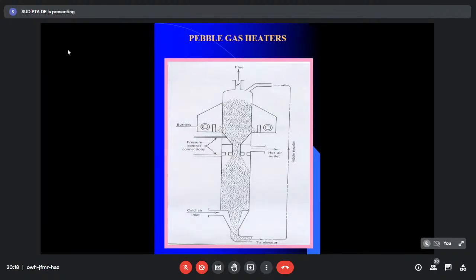Depending on the particle density of the pebbles, the efficiency of heat transfer between these pebbles and the air passing through them varies.